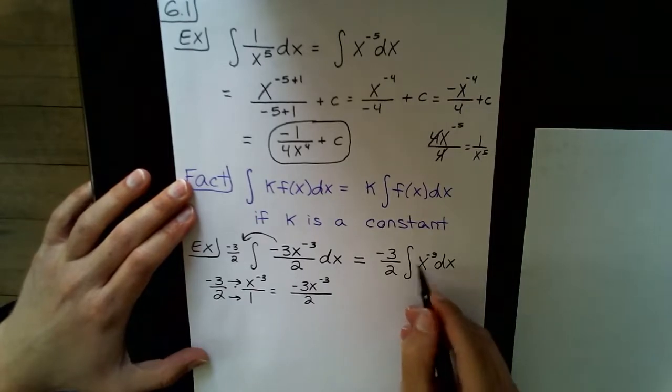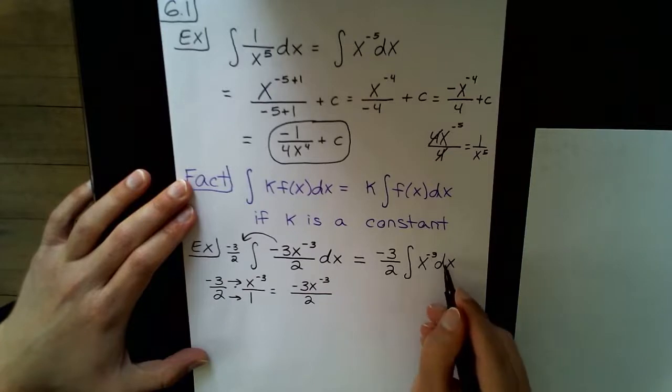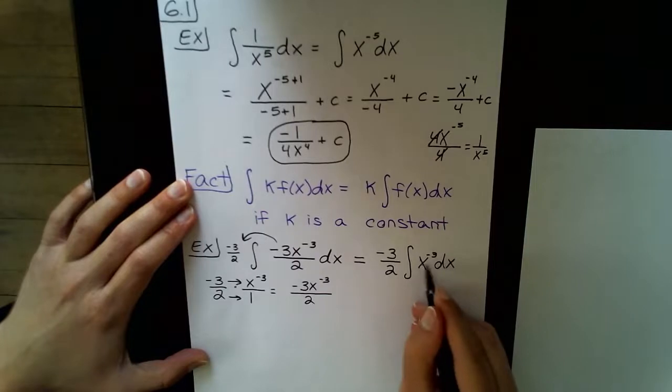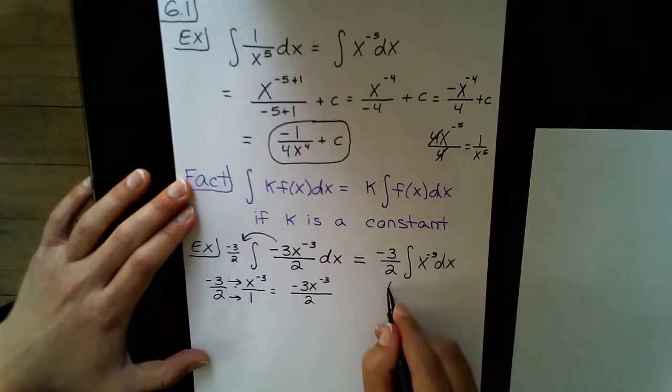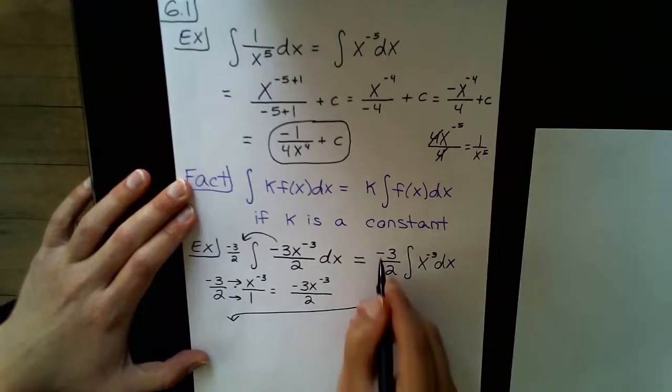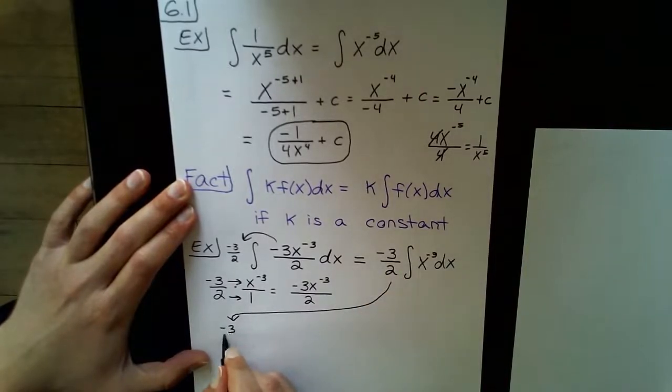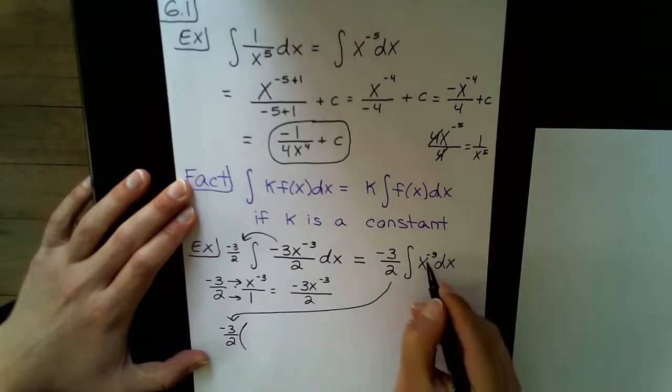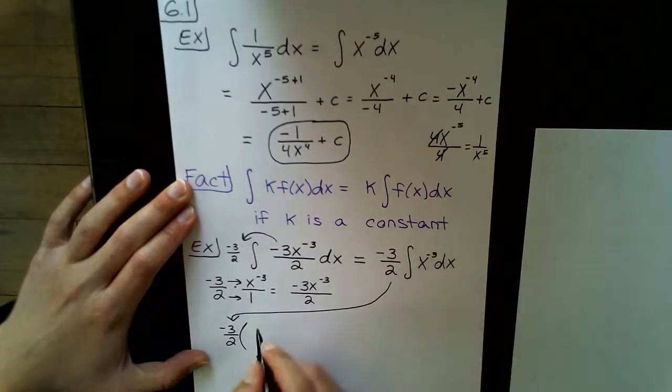So going back to this step, negative 3 over 2 times the integral of x to the negative third dx. Well, now we can just take the antiderivative of x to the negative third. So I'm going to bring an arrow over here to show where we're picking up. So we have negative 3 over 2 times the antiderivative of x to the negative third.